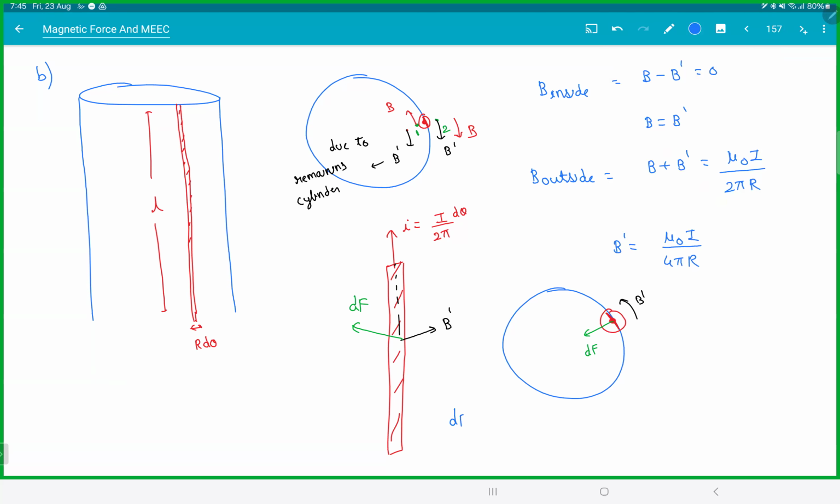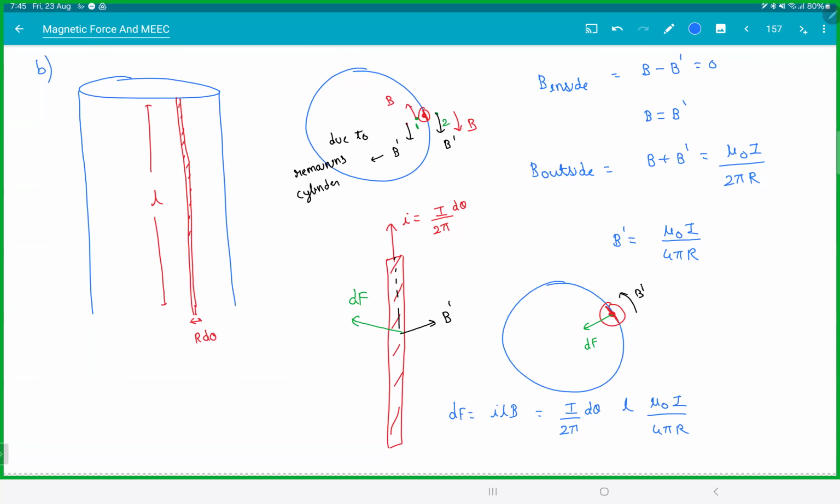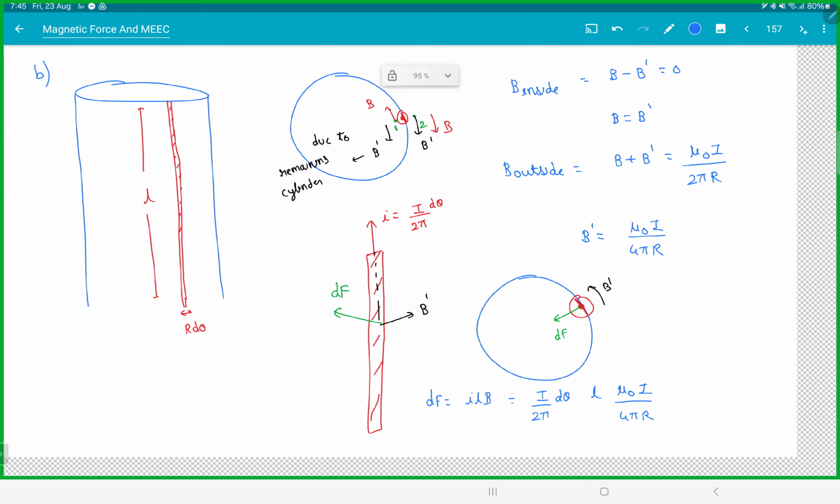And then what is dF? dF is nothing but ILB. So I is that guy, I by 2 pi d theta. Length is L. B is mu naught I by 4 pi r. There I got the force. And what is pressure?